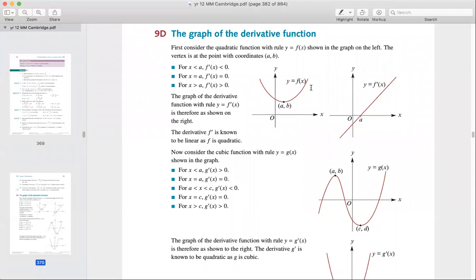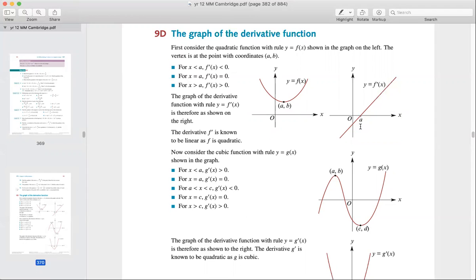So we can realize something like, if my derivative is a linear equation like a straight line, then my anti-differentiation, or my original function, is a quadratic equation, right? And we can see that the turning point is a and b, and the turning point in the derivative function is a, 0.